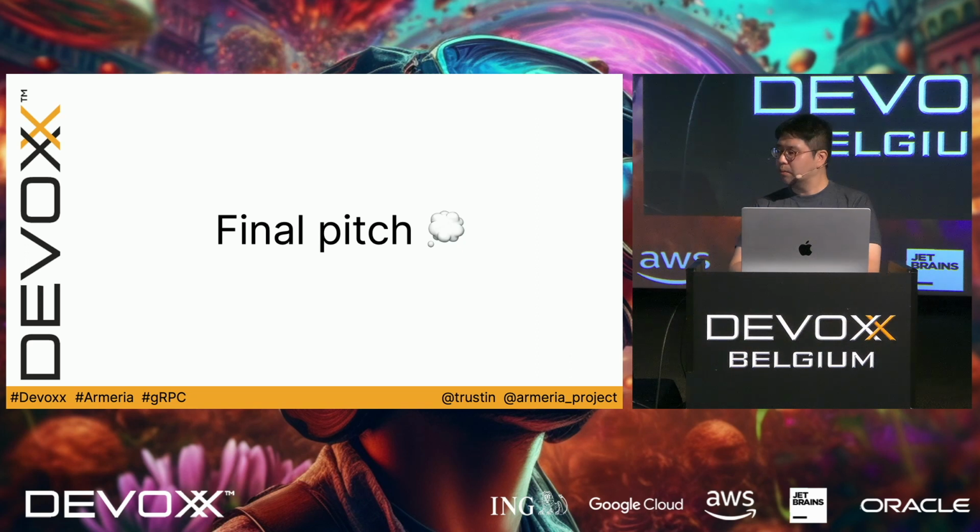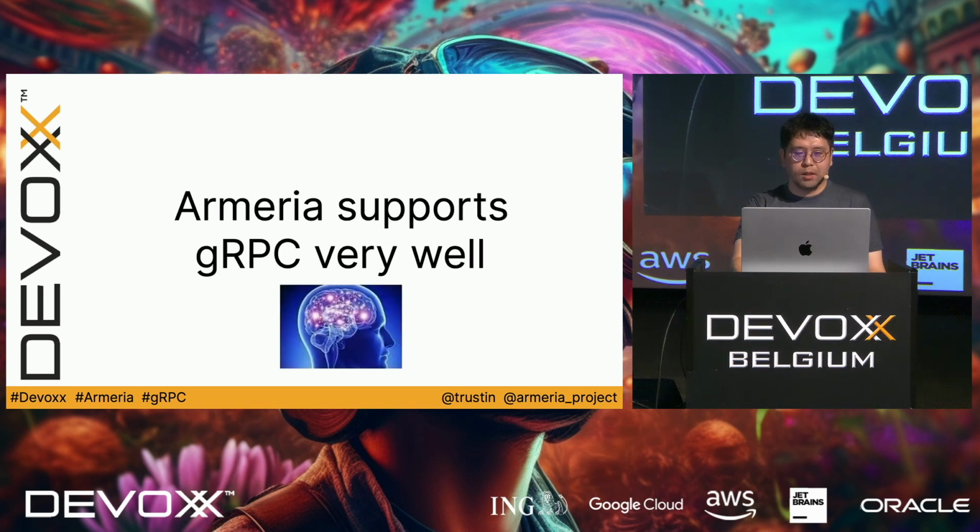So that's pretty much what I have for you. Here's my final pitch. Armeria supports gRPC very well. So if you have any plan to write a gRPC service, it might be a good choice for you.